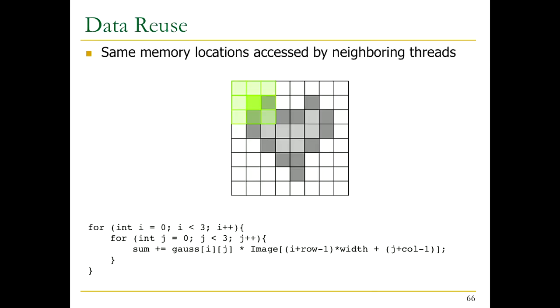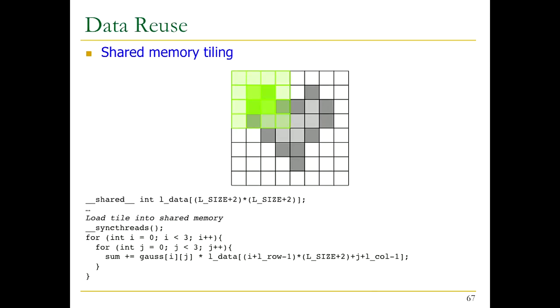Up to 6, right? So what we could do here is define some tiles, and each of these tiles is going to be loaded into the shared memory so that they are closer to the cores, to these SPs or CUDA cores that we have within each of the shader cores, and we can have a much faster access to them, right?